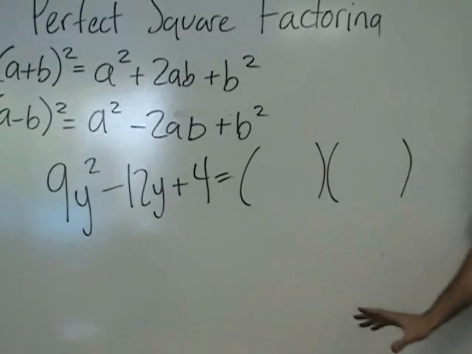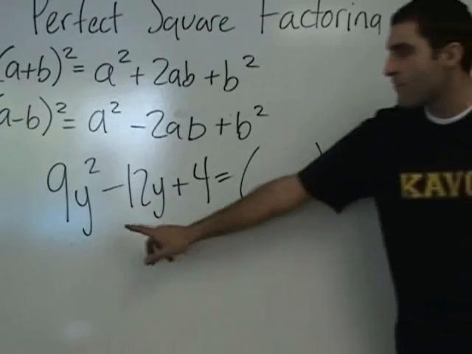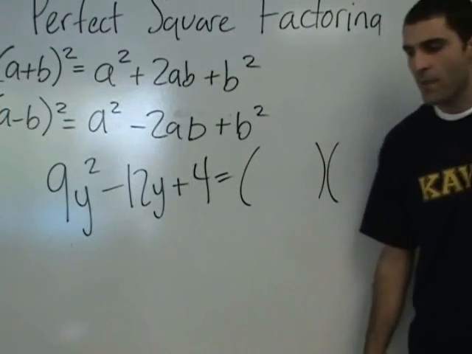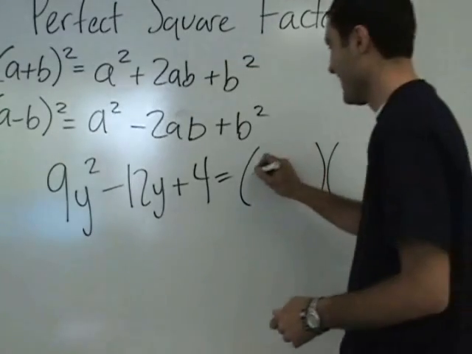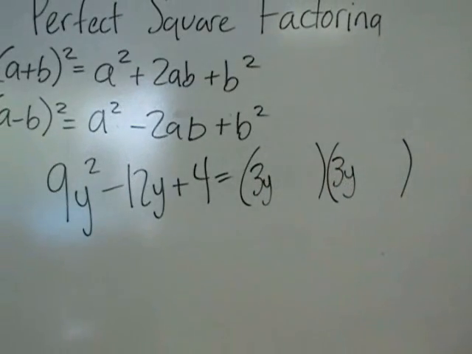I'm telling you right now, because we're learning, these will be the same, because this follows this rule. But don't worry about that. Let's just factor. 3y, 3y. Okay, 3y, 3y.